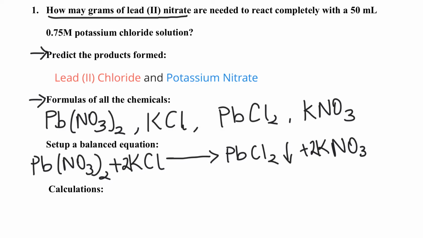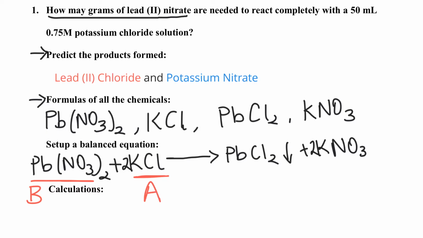What you're really trying to find is grams of B. So let's see how we are going to set up the problem first, and then we'll worry about the numbers.